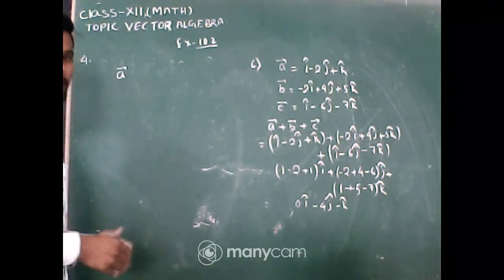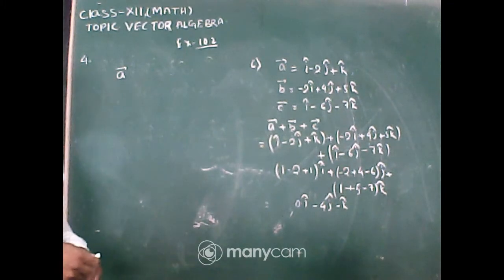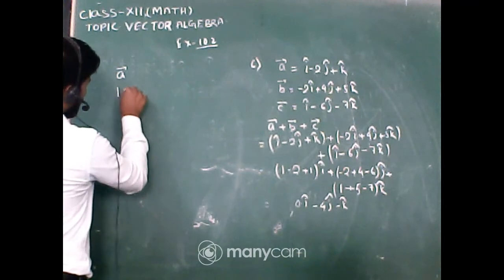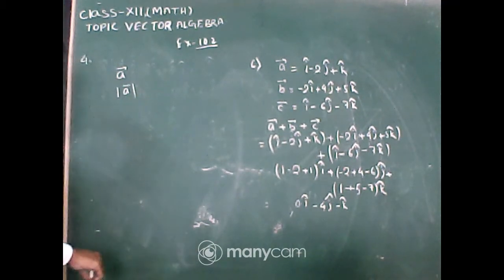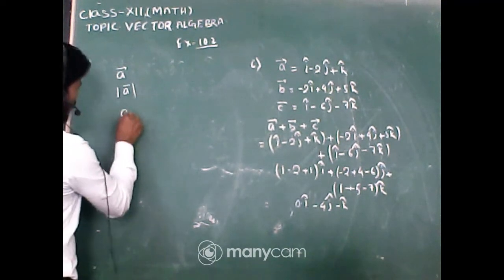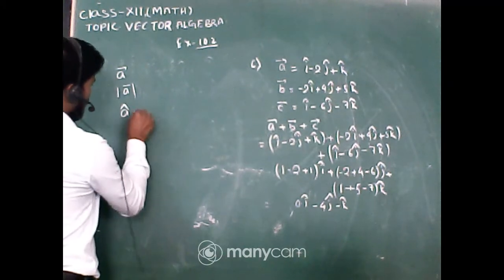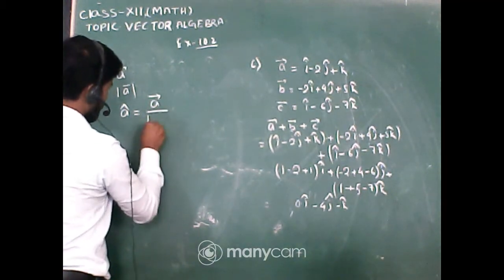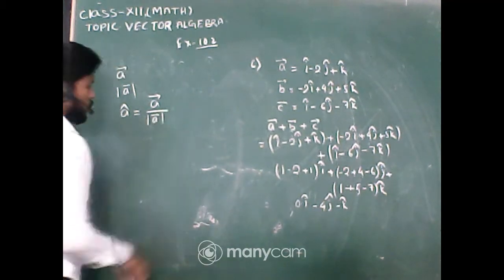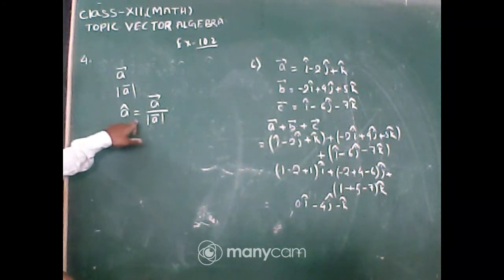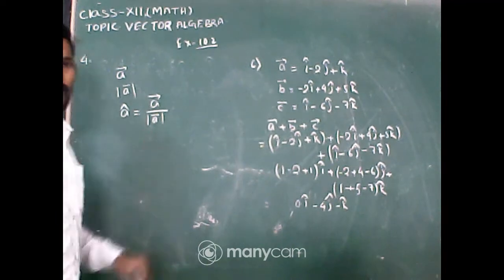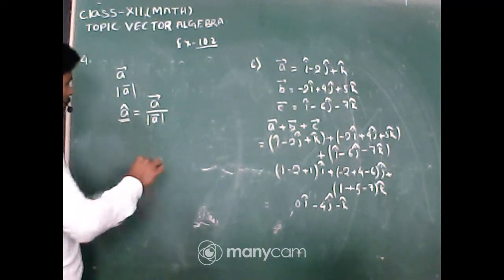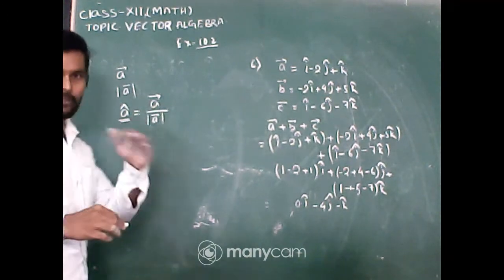I have to find the unit vector in this direction. First we'll find the magnitude of A, and the unit vector along the direction of A is just the vector A divided by its magnitude. So A hat is equal to A vector by magnitude of A. This is called the unit vector of A along this direction.